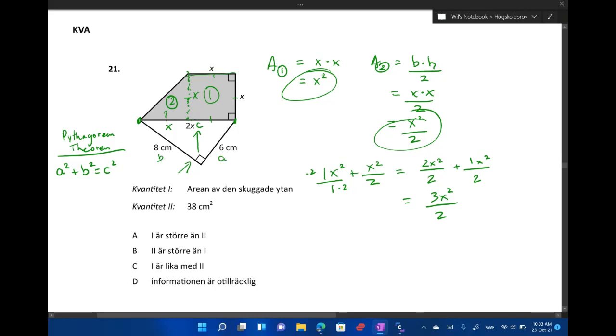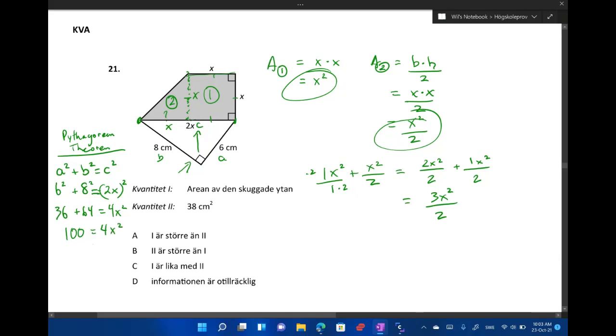So let's replace the values now. Instead of A, I'm going to write 6 to the power of 2, plus B, 8 to the power of 2, equals, and we know C is 2x all to the power of 2. 6 squared is 36. 8 squared is 64. 2 to the power of 2 is 4. x to the power of 2 is x squared. 36 plus 64 is 100.